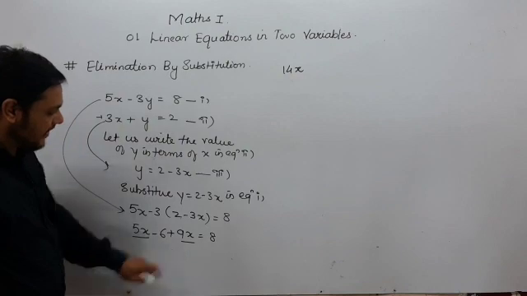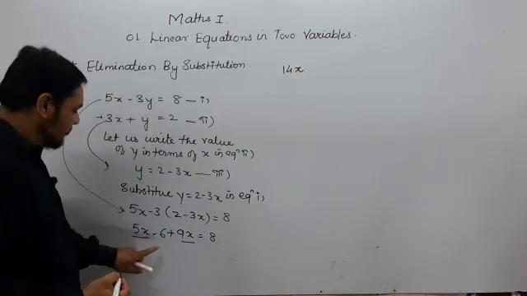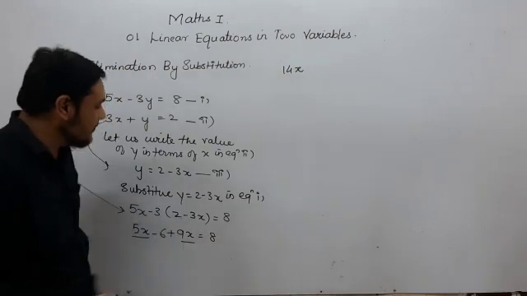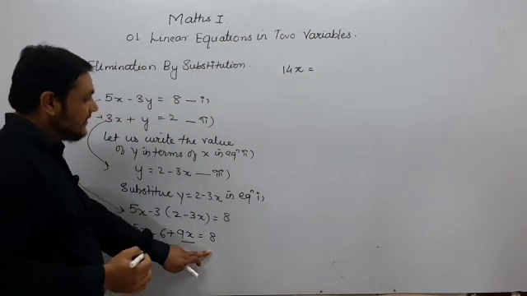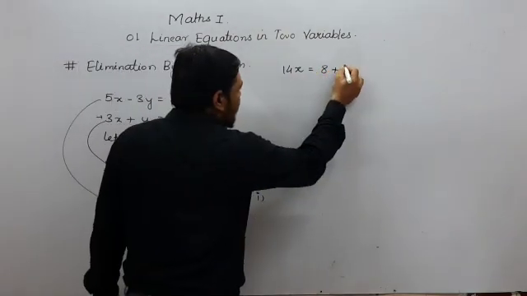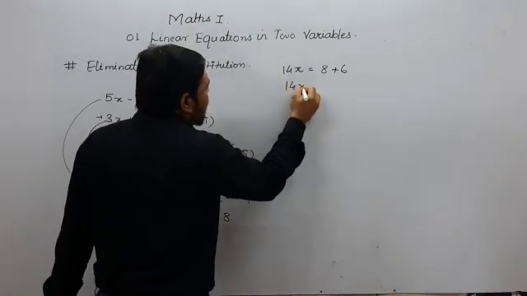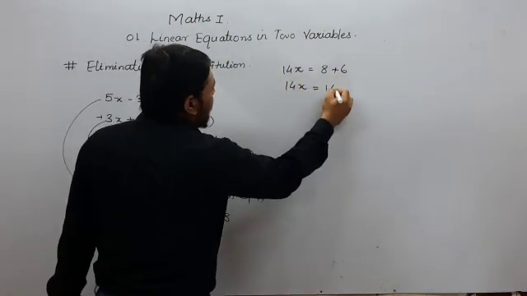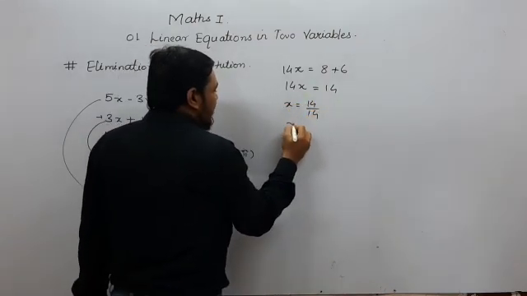Like terms are added here, and this negative 6 goes to the RHS and becomes positive 6. So 14x equal to 8 plus 6, which is 14. So x equal to 14 upon 14, x equal to 1.